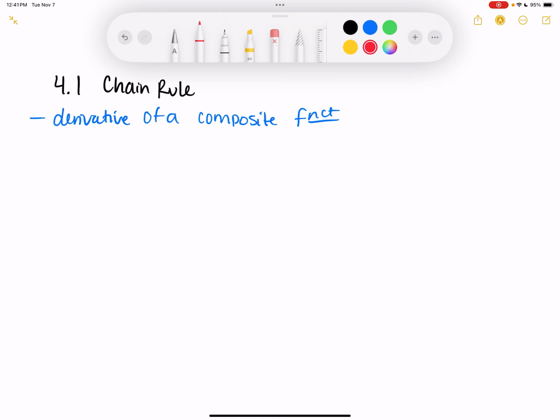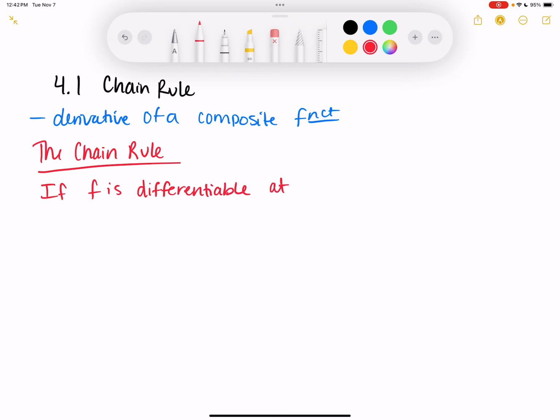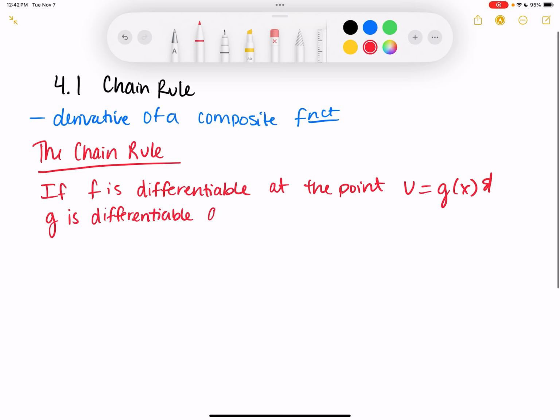So the chain rule actually says if f is differentiable at the point u is equal to g of x, and g is differentiable at x, then the composite function f of g of x.